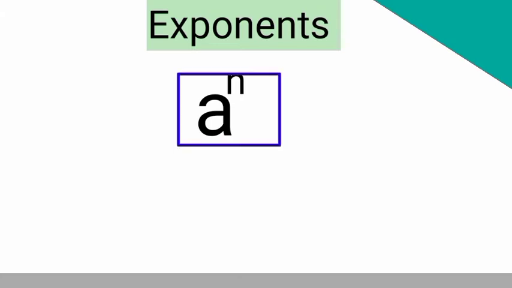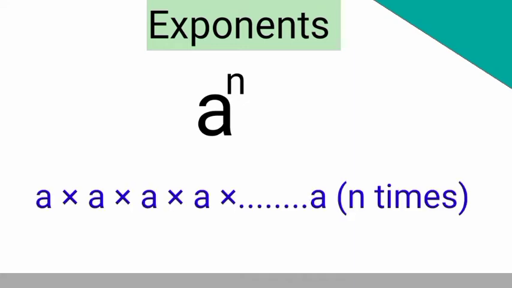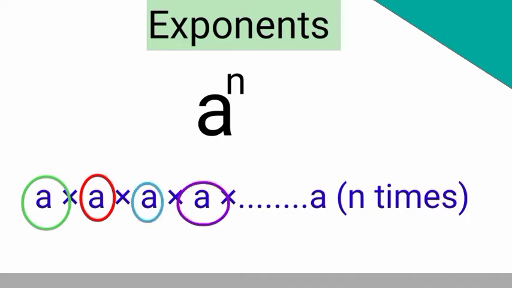Here this is a raised to the power n. It means a is multiplying by itself n number of times. So you can write it as a multiply a multiply a multiply a. How many times? n times.